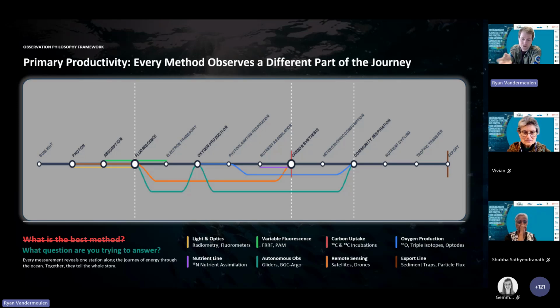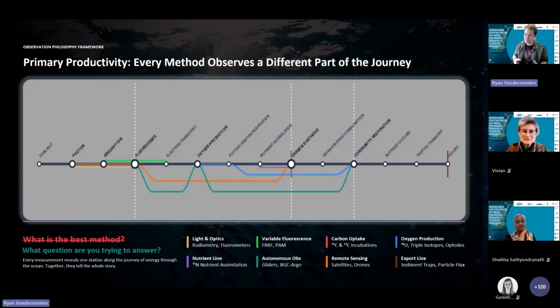Others measure oxygen through carbon fixation, biomass accumulation, ecosystem metabolism, or, as we've covered, the eventual export of carbon into the deep ocean. None of these are really telling the entire story by itself, but each one is revealing something that others cannot. And this is one of the things that I really appreciate most about this minefield of nuance that we have to navigate in biological oceanography.